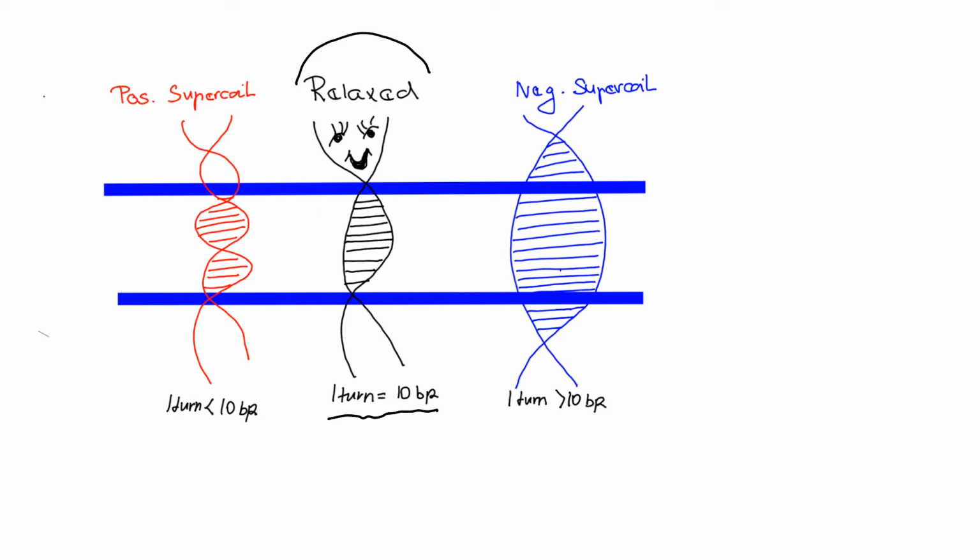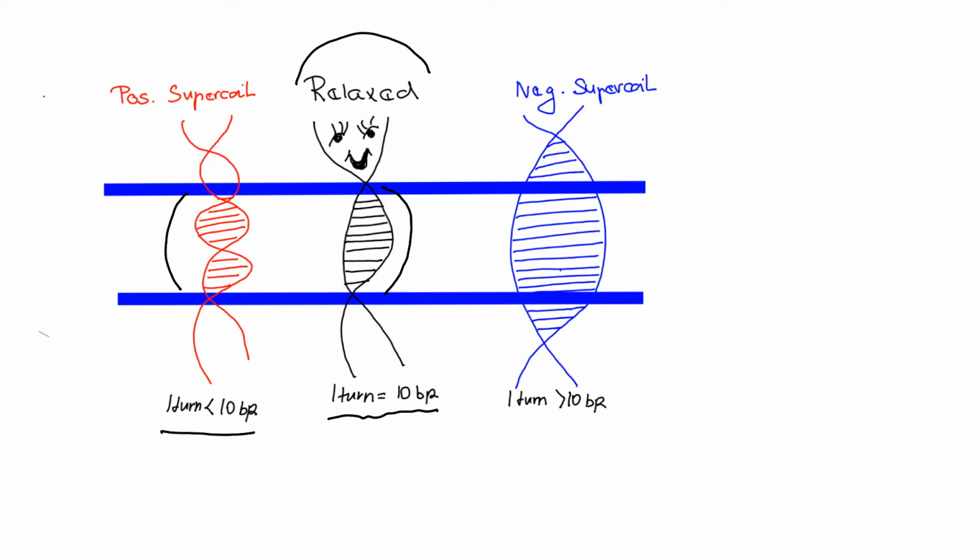Now, if you introduce more rotation, if you positively supercoil DNA, which is outlined in red, look here, one turn will have less than 10 base pairs per turn, because those 10 base pairs you had here are now divided between two turns.